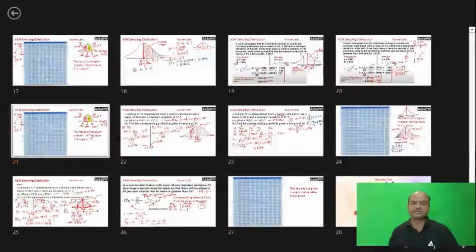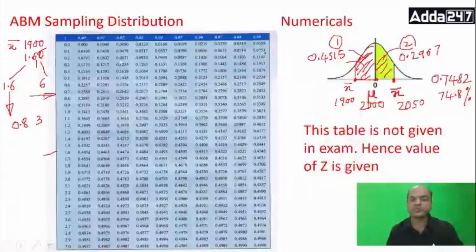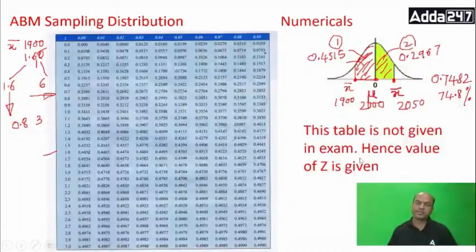Check this. If you add them, 0.7482. This is your answer. So your probability is 0.7482, or in percentage it is 74.82. Got it? Clear everyone?